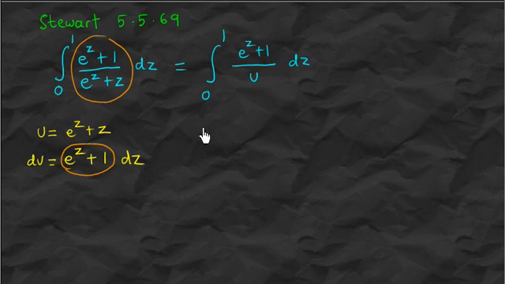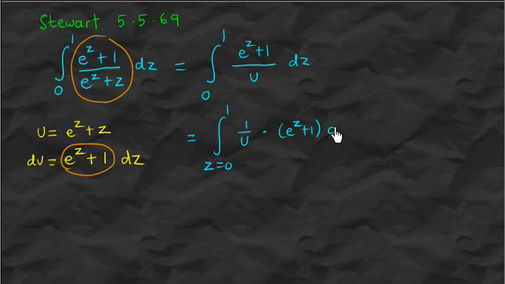Let us emphasize that this 0 and 1 is the limit for the z variable. It is 1 over u multiplied by (e^z + 1) dz, but we can see that (e^z + 1) dz is exactly du.